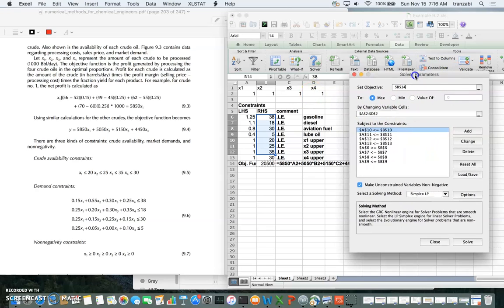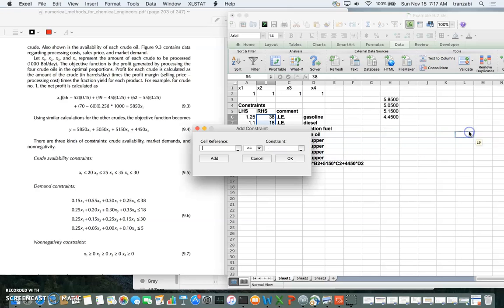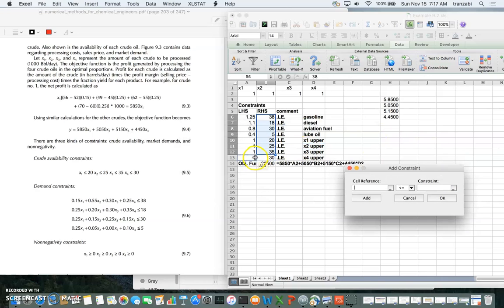And the constraints I added, I just read out to you. You can just go ahead and add them if you want. So for the first one I add, maybe I can delete the last one and add it for you so you see what I mean. So let me delete this constraint and add it so you see how we can do this. So I'm going to add the last constraint. The last constraint says this guy should be less than that guy. So which cell?